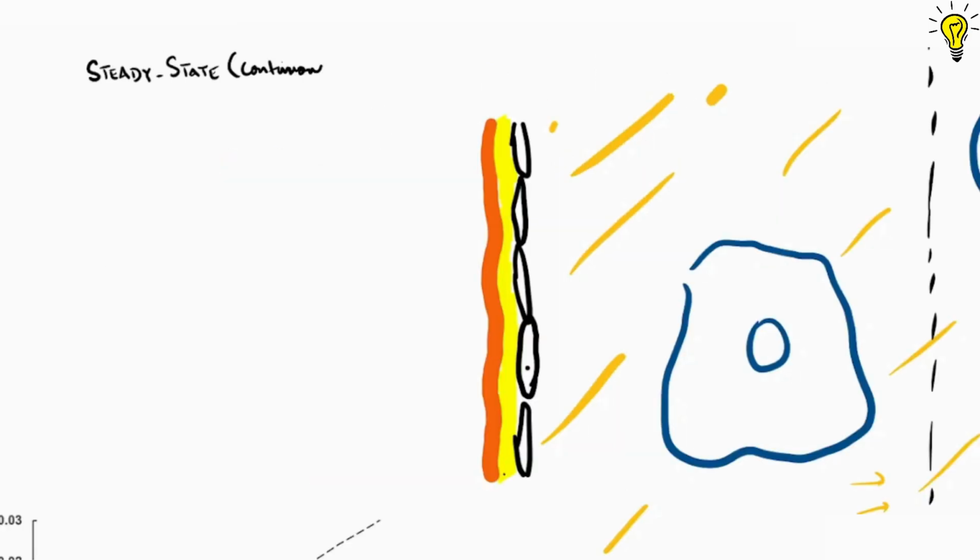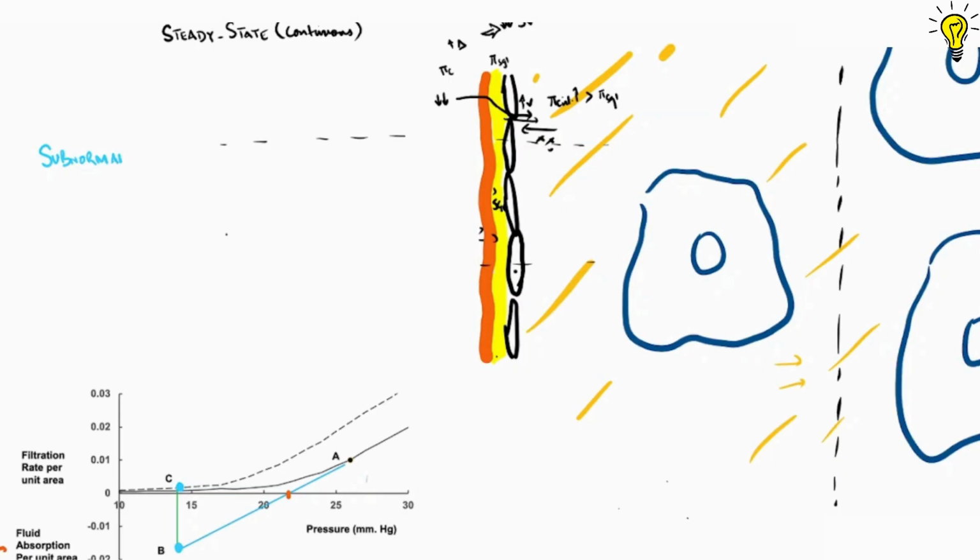So in steady state, as previously explained, lesser fluid moves out and no reabsorption occurs at the capillary level, especially at the continuous endothelial type.